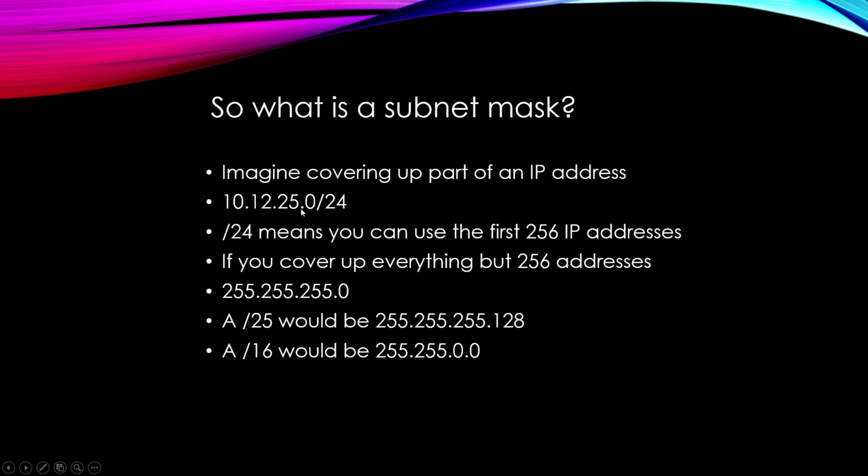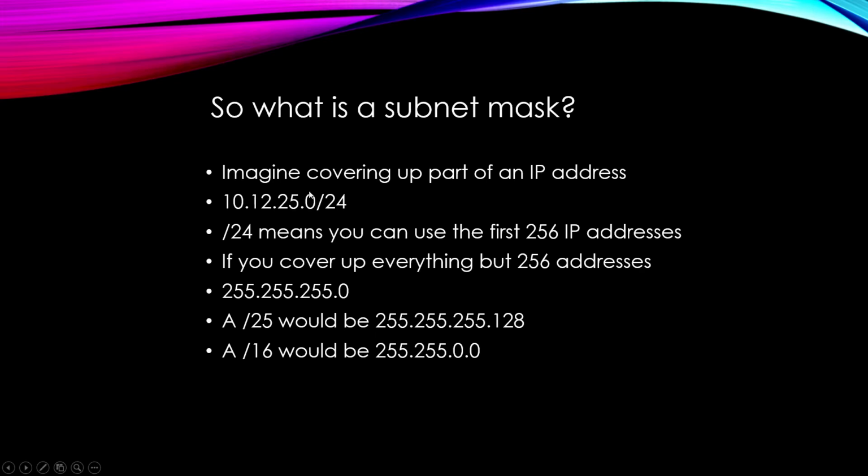So imagine if you covered up the first 3 numbers with a piece of paper or something. Like I said, /24 means you can use 256 IP addresses, which doesn't mean the first octet. It starts over here in the fourth octet, and the more you use, the farther to the left it goes.